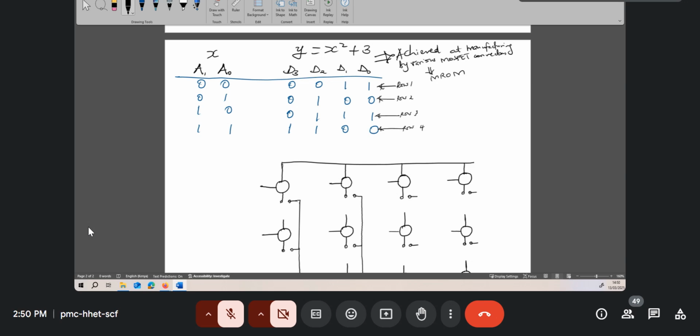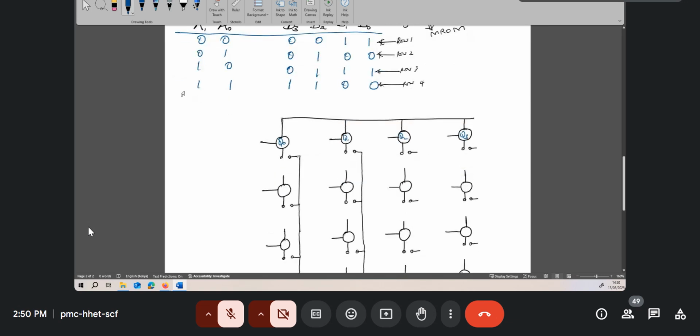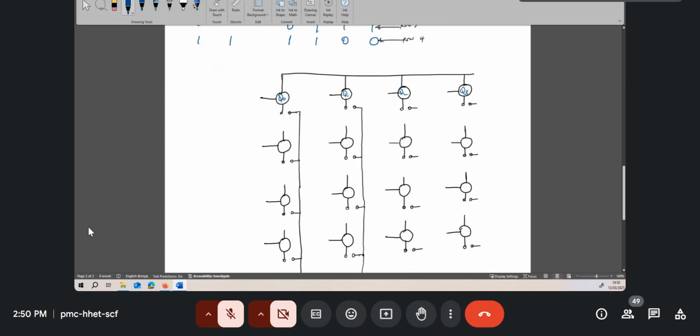So each memory location will have the 4 transistors, and those are the ones that we have here. So we have these transistors. So that forms our first row, and then we have all these other transistors. I will not label all of them, but these are all the way to Q15.